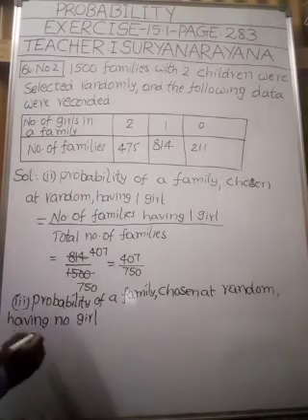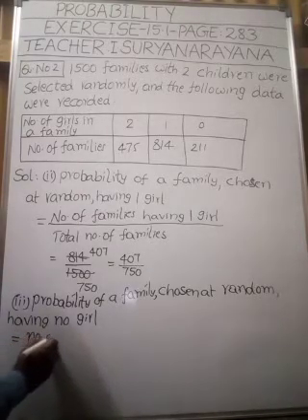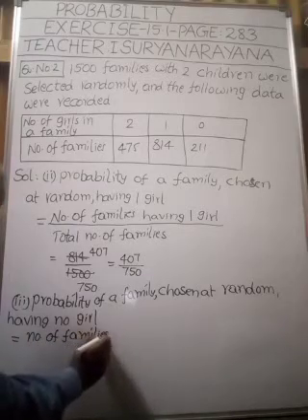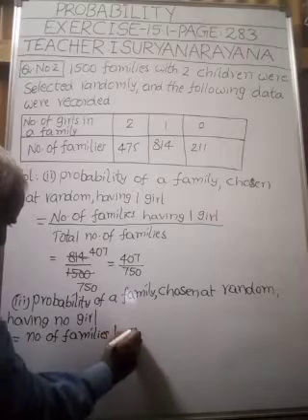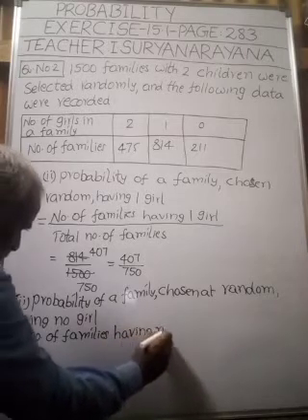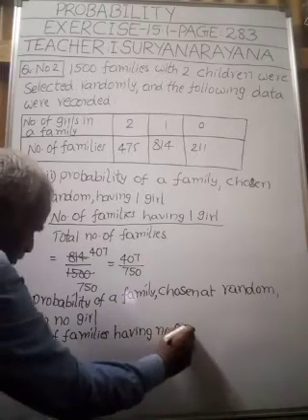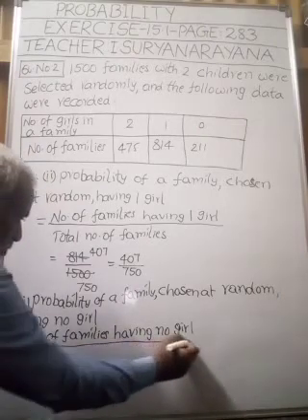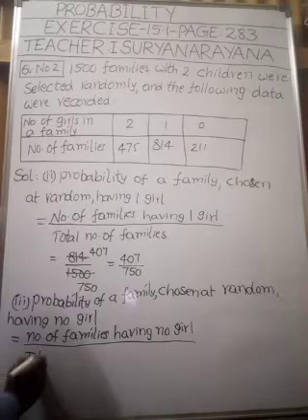So, number of families having no girl whole divided by total number of families.